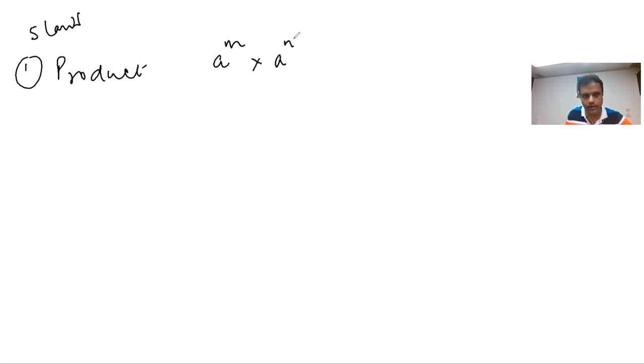There are 5 laws, right? So we are going to cover each law. The first law is the product of exponents. What does the product of exponents talk about? If there is a number a to the power m, and this is multiplied by the same number to a different exponent n, what is the answer?